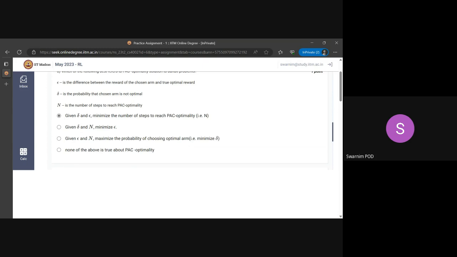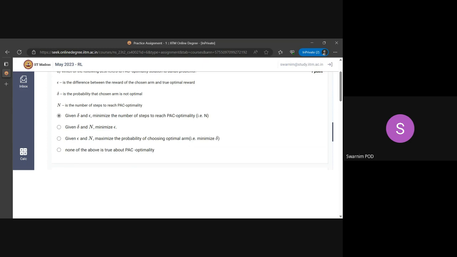An arm which differs from the optimal arm by epsilon amount, and there is a probability, so there are three variables: epsilon, n, and delta. Delta is the probability of selecting a suboptimal arm, so 1 minus delta is the probability of choosing the optimal arm. So given epsilon and n, maximize the probability of choosing the optimal arm.